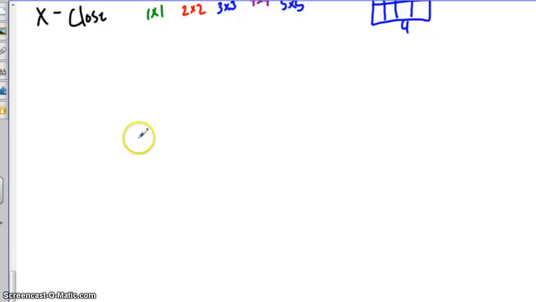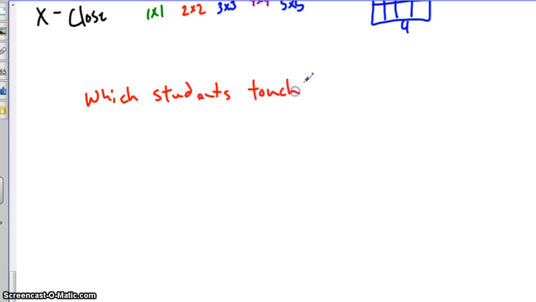Okay, so if I'm looking for which students touched door 16, I'm looking at the number of students, or which student in that line, student 1, 2, 3, 4, and so forth, would have touched door 16.